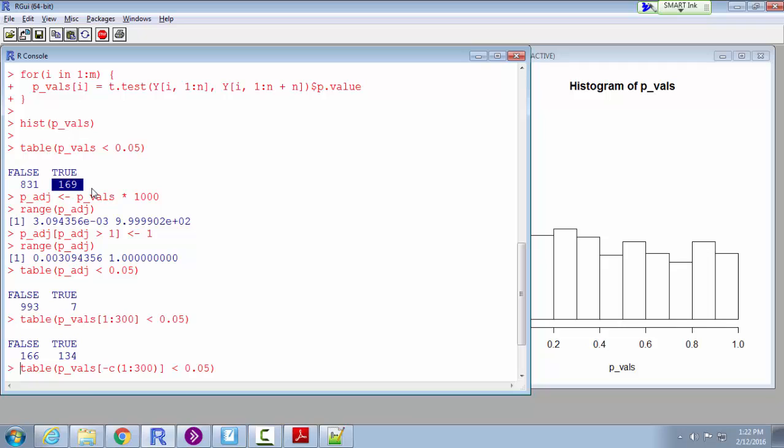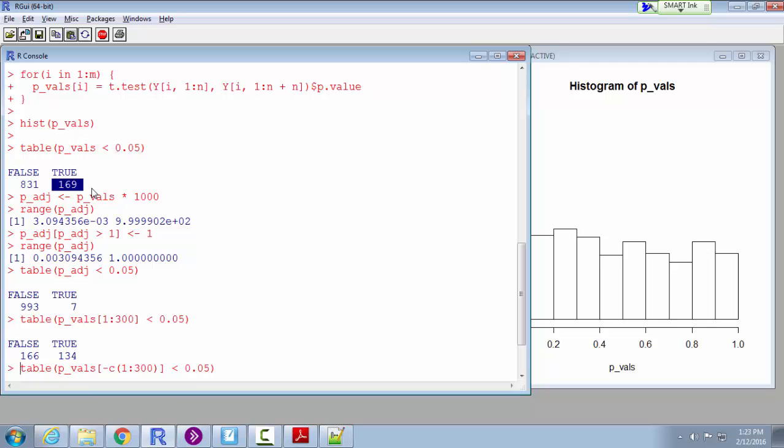If I did that, then here's my 169, and I'm 95% confident in that list of 169. That's useful because now you know how confident we can be in them, but that did not give you a number for each feature. It only gave you one number for all of them together.